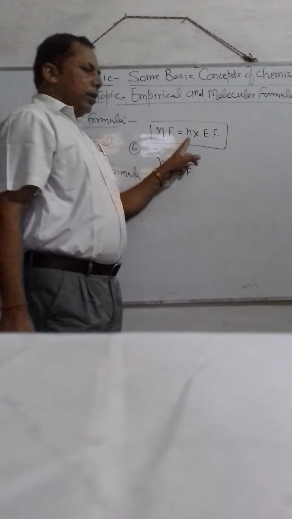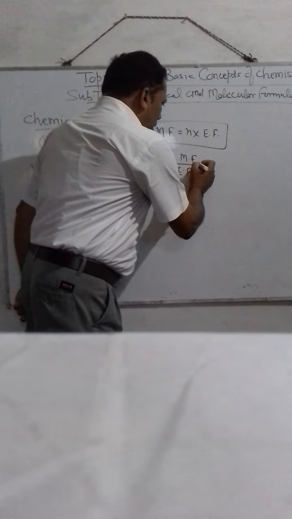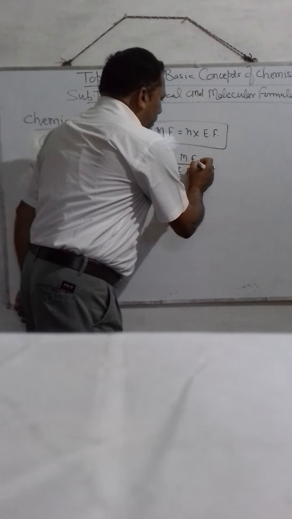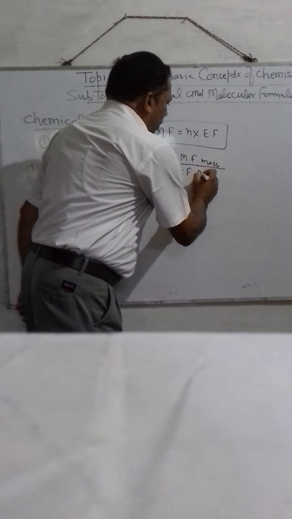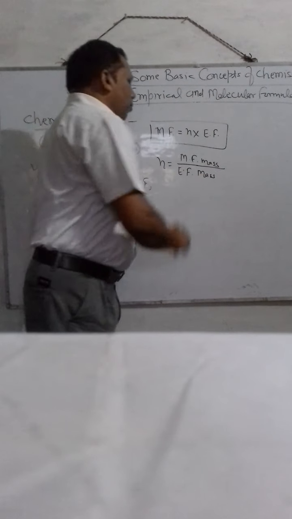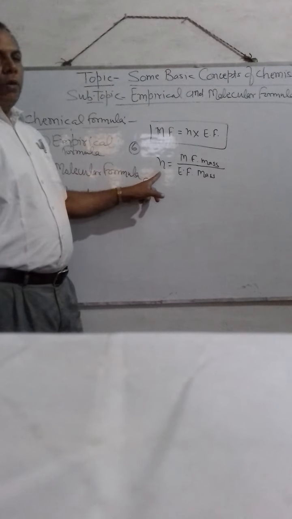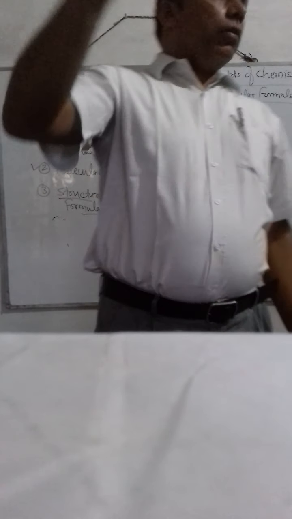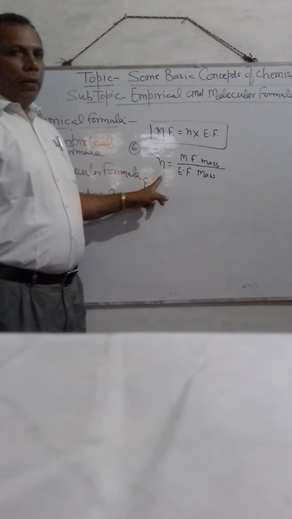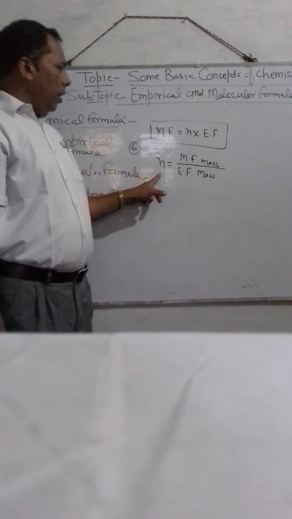The value of this n can be found by using the formula: molecular formula mass of the compound divided by empirical formula mass of the compound. Then you will easily find the value of n, and it will always be 1 or more than 1, a positive number, never 0.